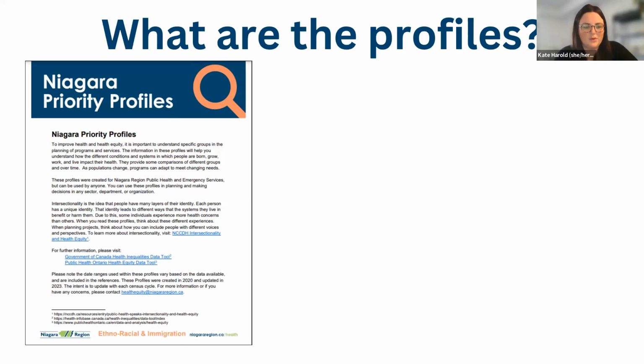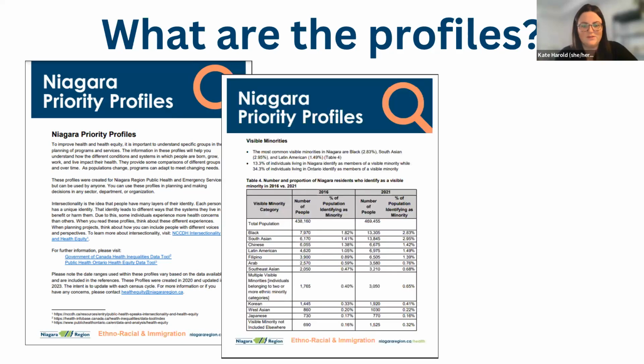As an example, I pulled the ethno-racial and immigration profile. Here's an example of data that's available. For this one, we include census data of visible minorities in Niagara, and we compare it from 2016 to 2021, which is the census year cycle.